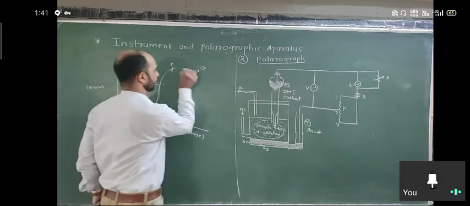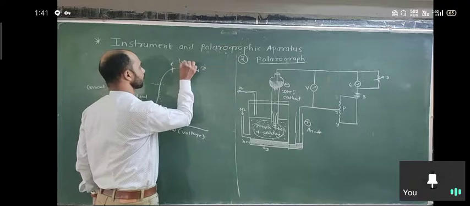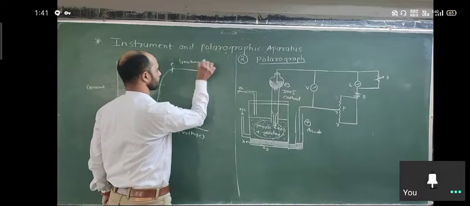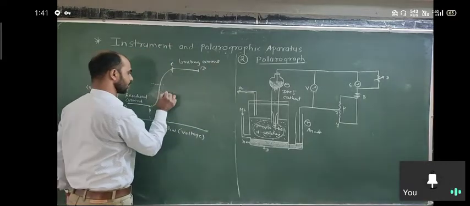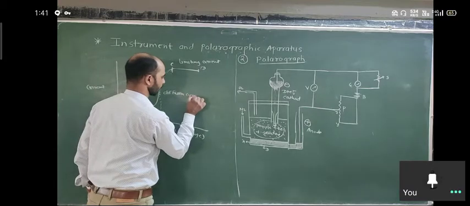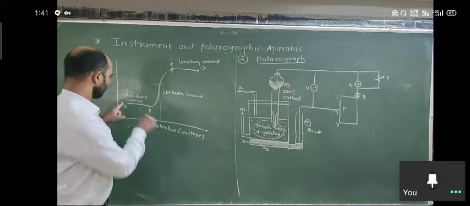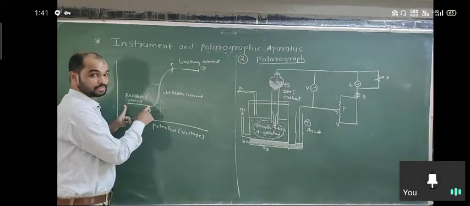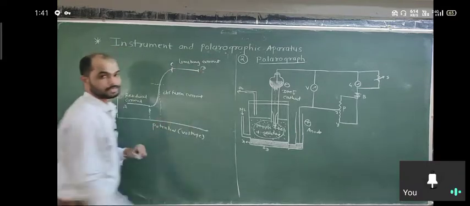So this is residual current. Here again there is no change, that means it is the limiting current. And this part is the diffusion current. So basically the polarograph is divided into three parts: AB, then BC, and then CD.